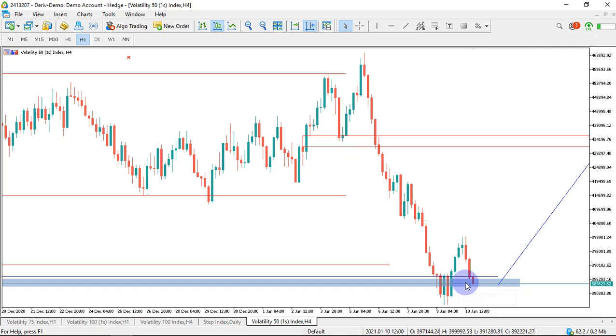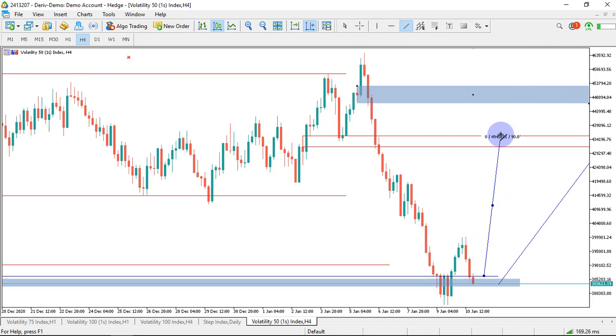But if it sustains, I want to see price come into this level. It can dip as far as this 4-hour bullish order block. If it holds here, it can dip into this. Then from here we can sell to the downside.